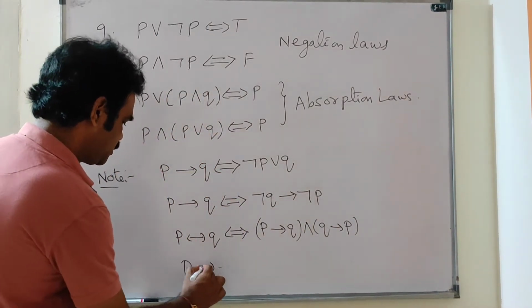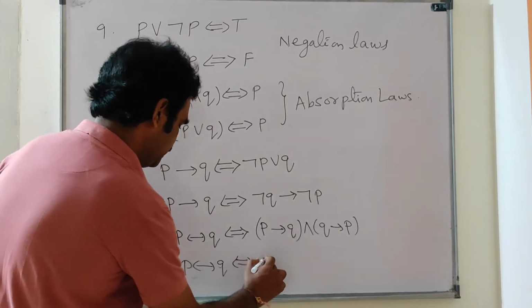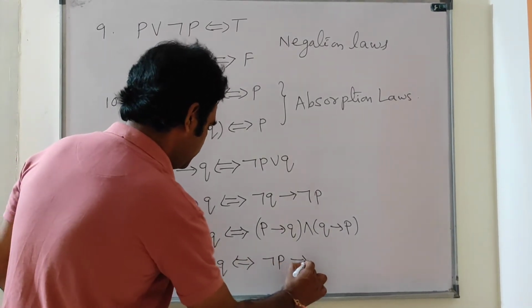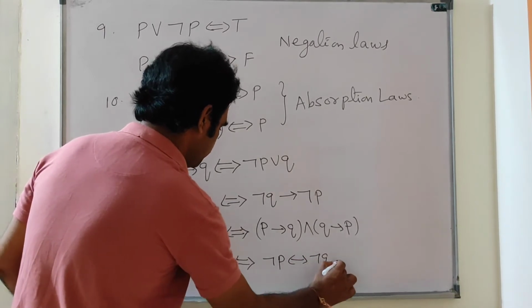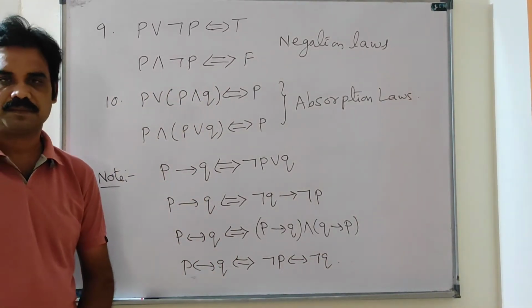P bi-implies Q is logically equivalent to negation P bi-implies negation Q. These are some important formulas on logical equivalences.